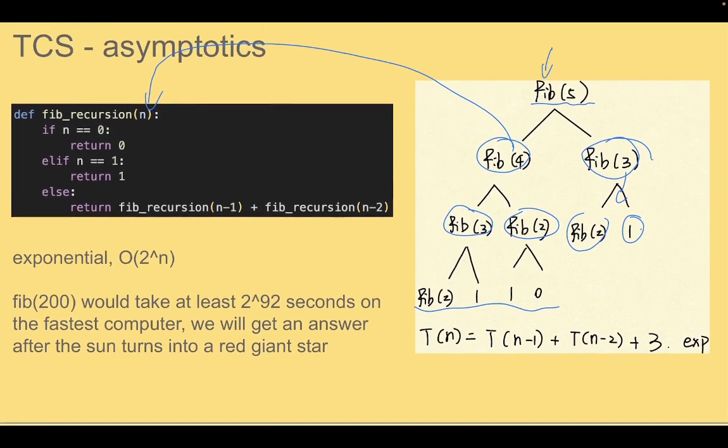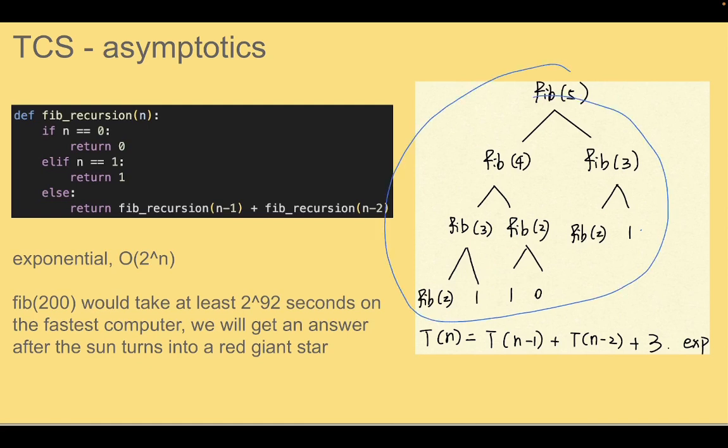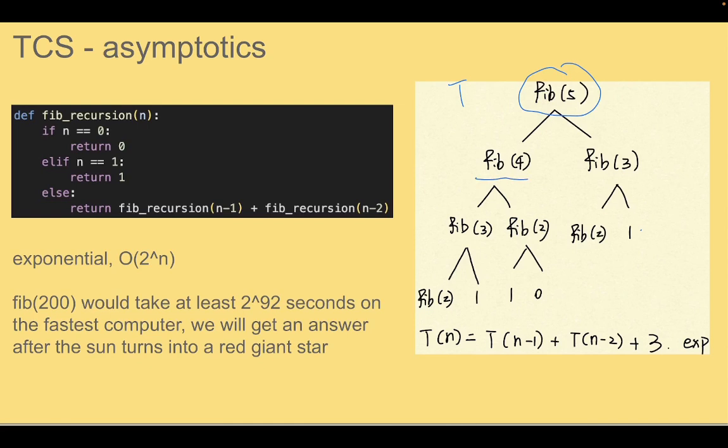So you can see that the process of carrying out this algorithm is basically a recursion tree, and the time of carrying out Fibonacci 5 is equal to Fibonacci 4 plus Fibonacci 3 plus 3.